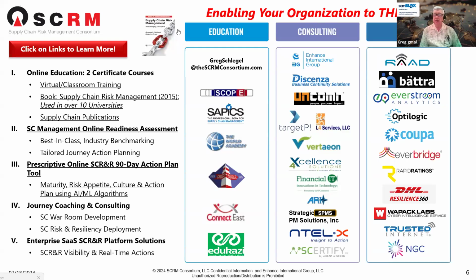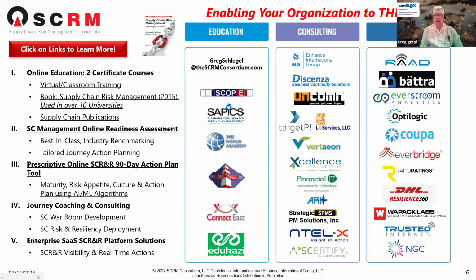And on the right-hand side, we have several pretty large-scale supply software as a service supporting our supply chain risk and resiliency concepts. On the left, we have 5 product lines. We have 2 certificate courses. They're online, they're self-paced. One is basic supply chain risk and resiliency. The other is dedicated towards public healthcare and NGOs.